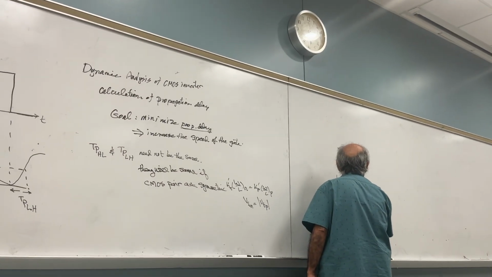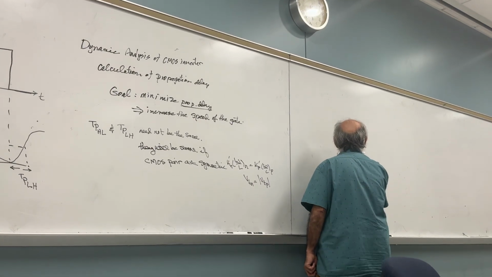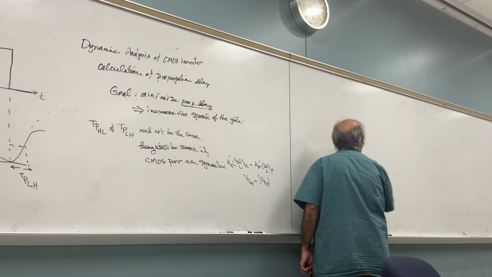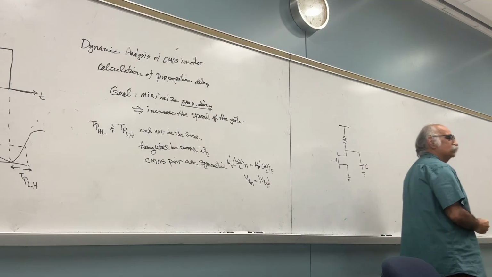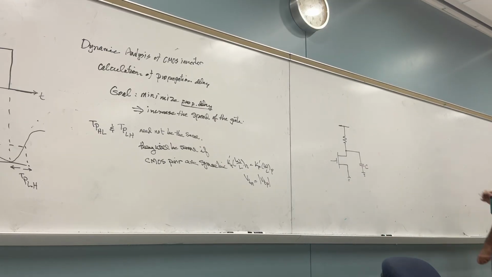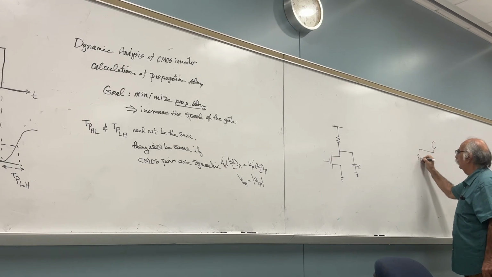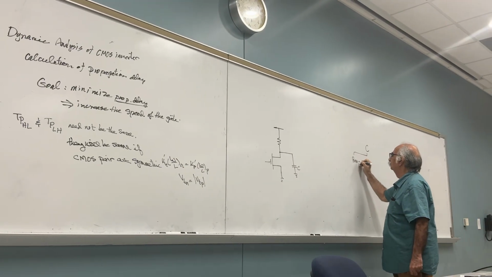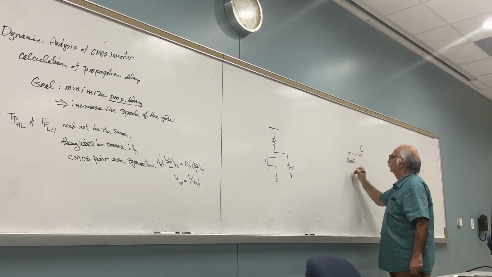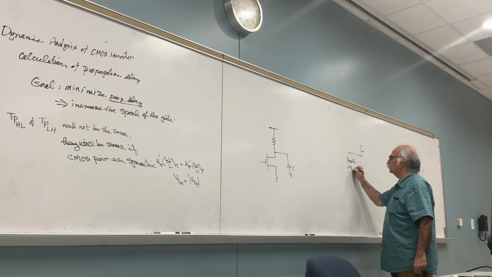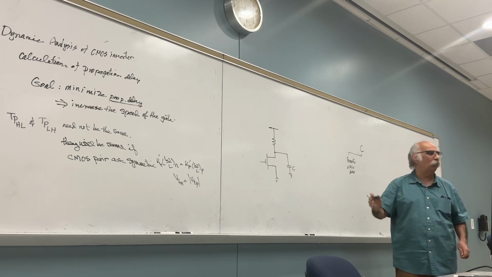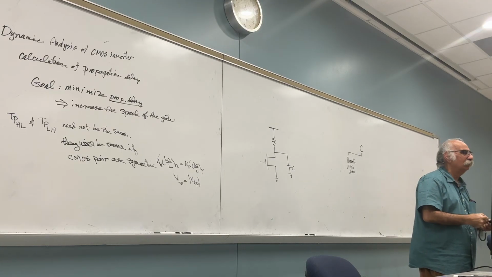Let's stop one more time for just a second and try to understand where this C came from. This capacitor C is the result of three components. The first one is parasitic, within the device. Why is there a parasitic capacitor?